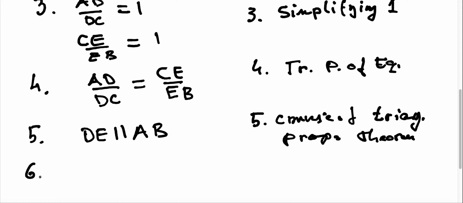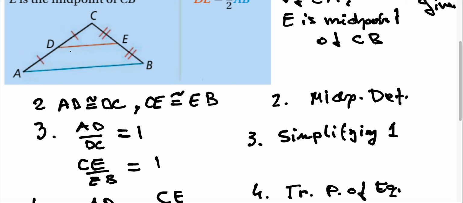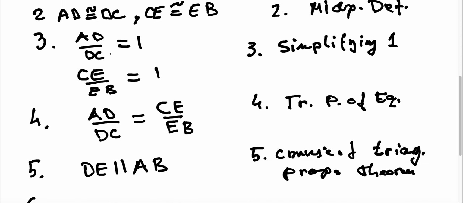Number 6. If we are looking at those triangles here, angle A and angle CDE are corresponding angles. Based on the corresponding angle theorem, those are congruent, and angle B is congruent with angle CED based on the corresponding angle theorem.